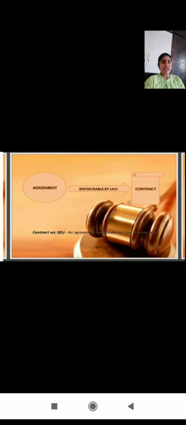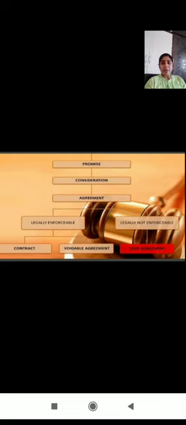The equation is: agreement plus enforceability by law is equal to a contract. When the agreement is enforceable, then only it becomes a contract. According to Section 2(h), an agreement which is enforceable by law is a contract.